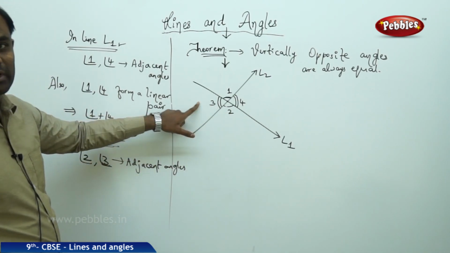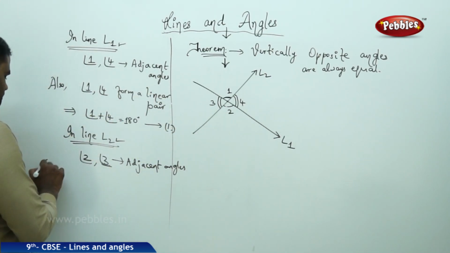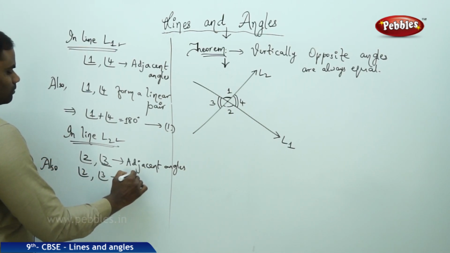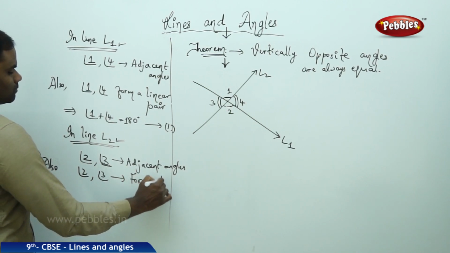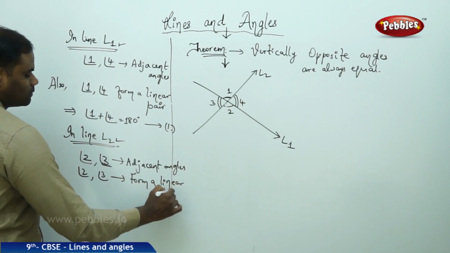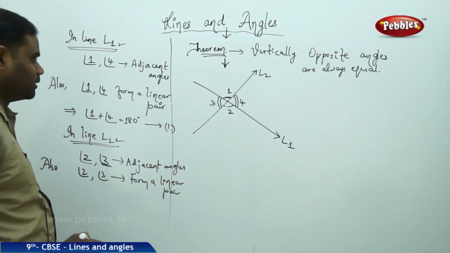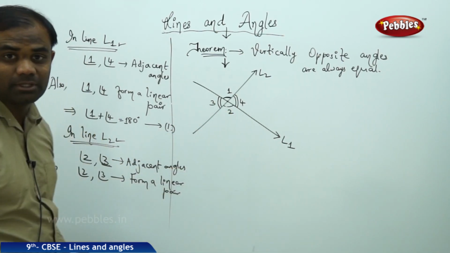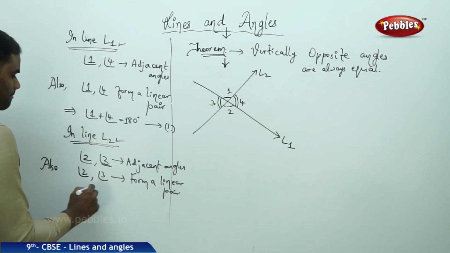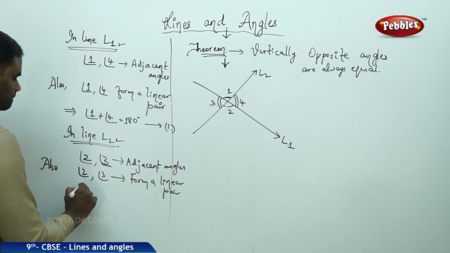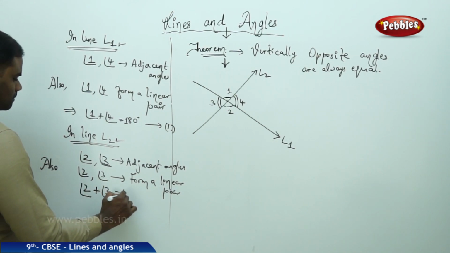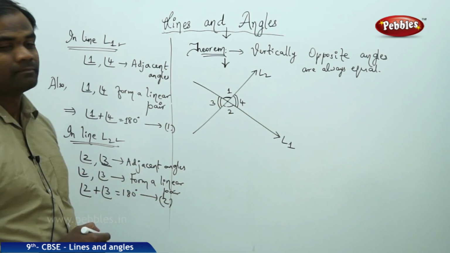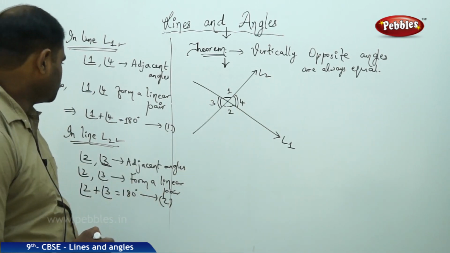As you see, angle 2 and angle 3 also form a linear pair, and therefore, because these two form a linear pair, the sum of angle 2 plus angle 3 must be equal to 180. That is the second case.